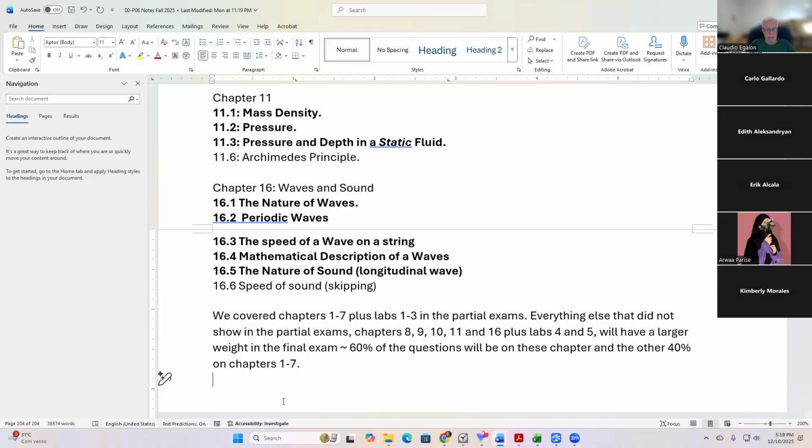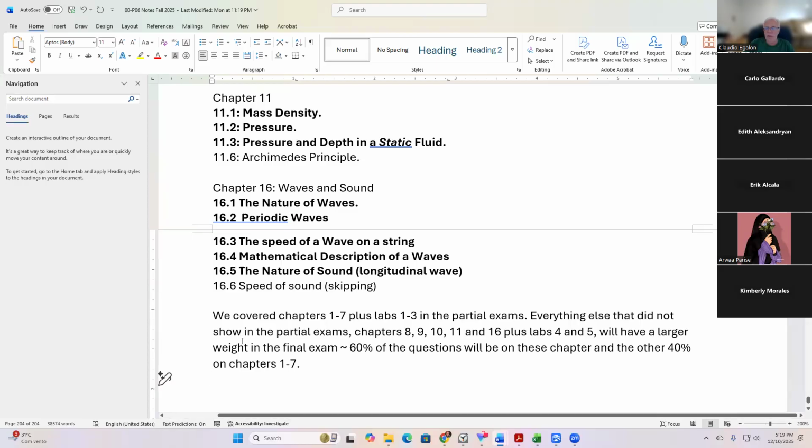Okay, so we covered chapters 1 through 7 plus labs 1 through 3 in the partial exams. Everything else that did not show up in the partial exams, chapters 8, 9, 10, 11, and 16 plus labs 4 and 5, will have a larger weight in the exam.